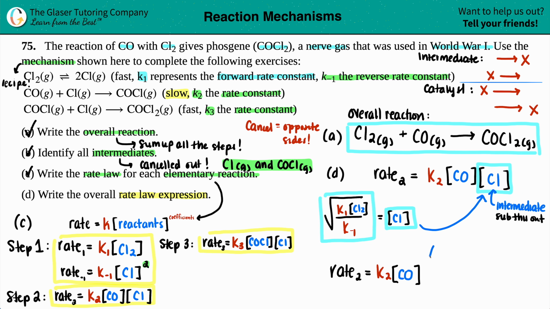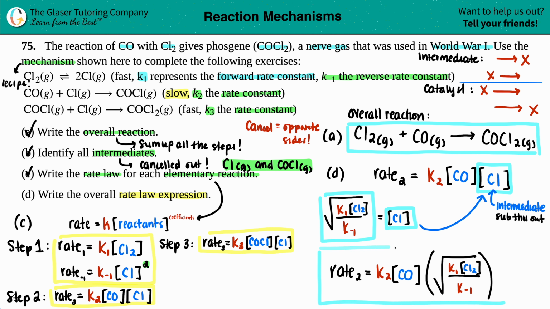If you want, you could do big parentheses, because the whole thing is the whole square root of K1 over K negative 1 times Cl2, and that's it. That is your final answer.